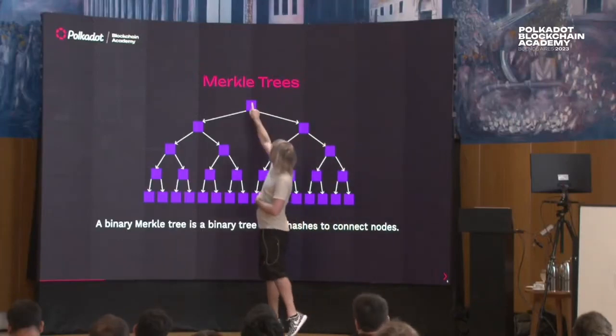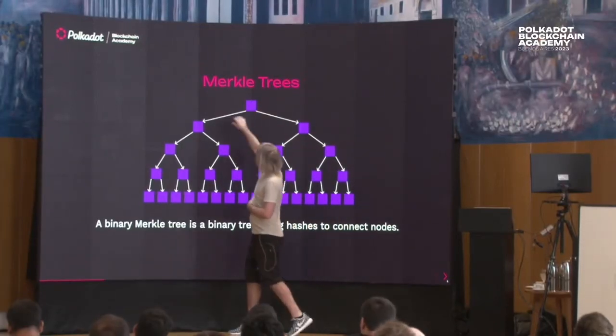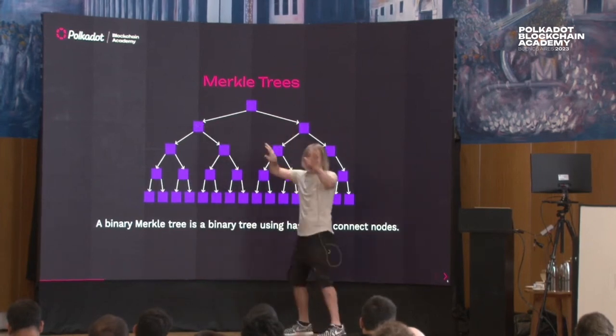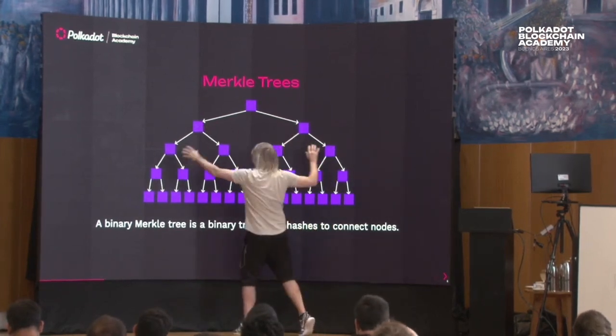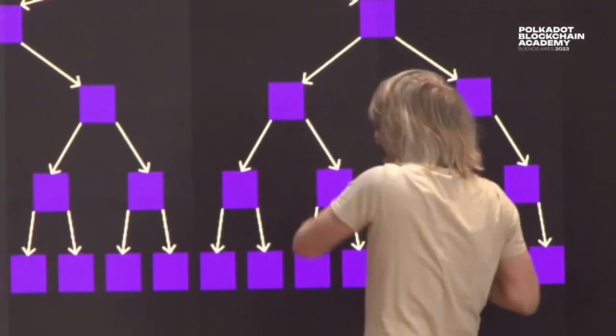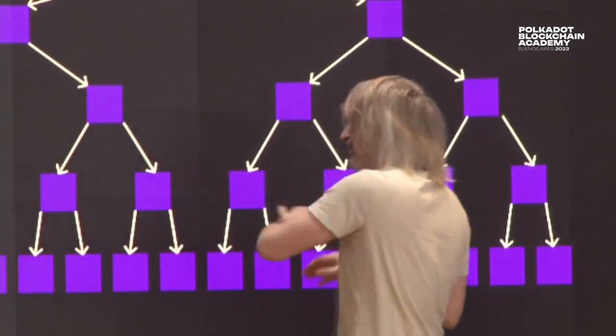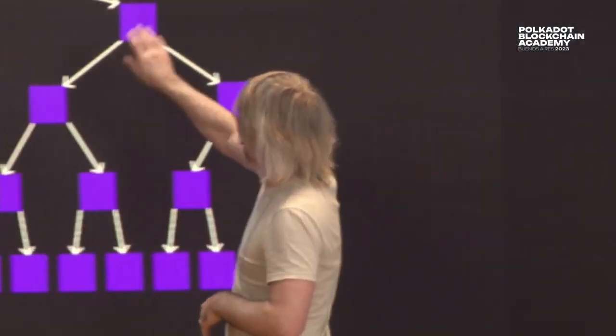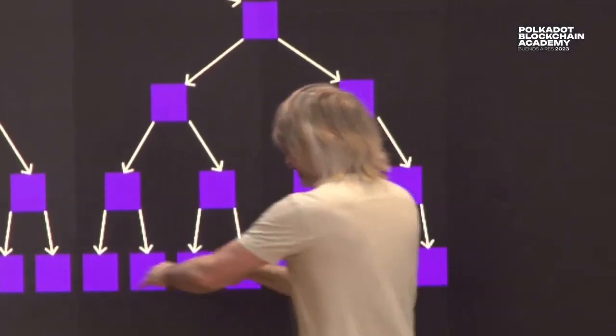Therefore, if this is one hash, then these two must each be some particular hash, and they can't be any other hashes. And these four have to be some particular four hashes. And these eight have to be some particular eight hashes. And these sixteen have to be some particular sixteen hashes. And for now, we'll assume we're not interested in any of this data. We are interested in the leaves.